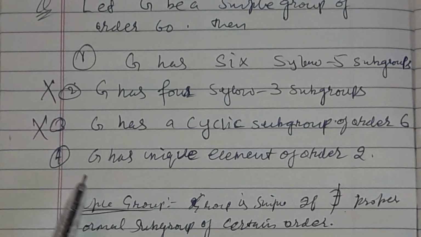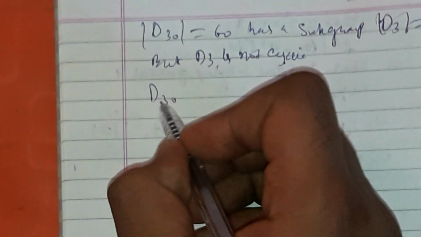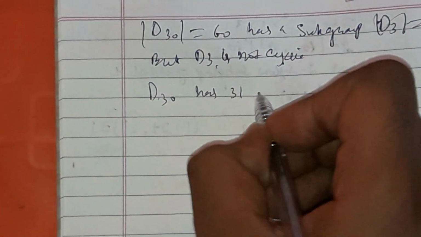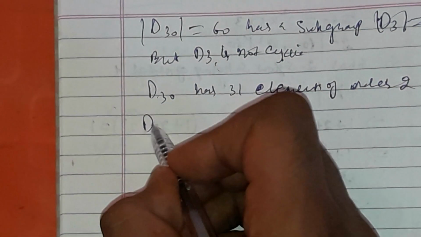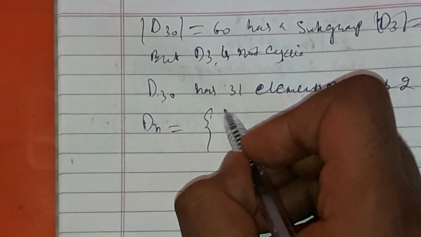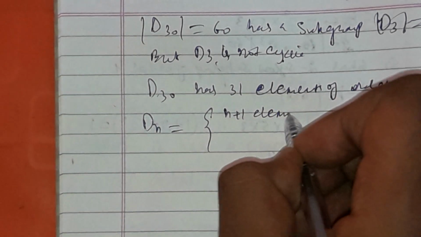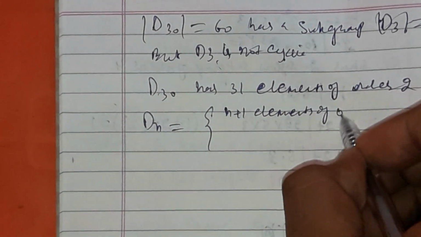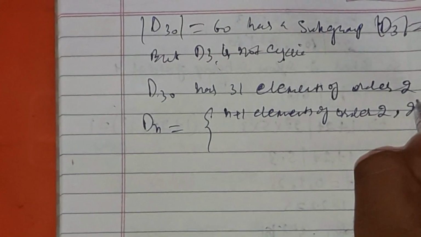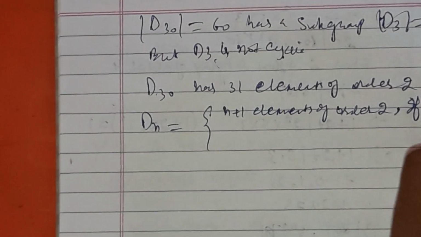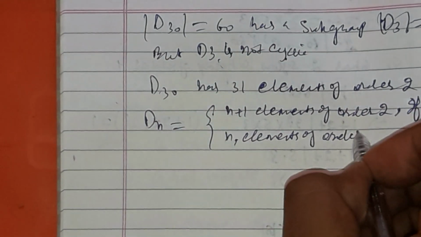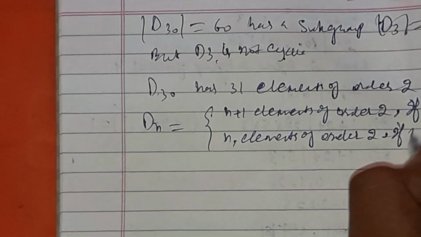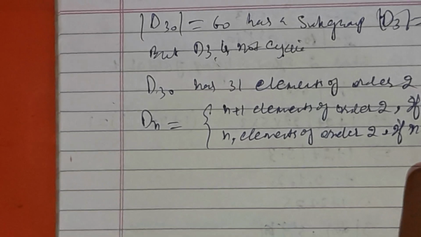Now the fourth option says that G has a unique element of order 2, but the dihedral group says that D30 has 31 elements of order 2. Why? Because Dn has n plus 1 elements of order 2 if n is even, and n elements of order 2 if n is odd.